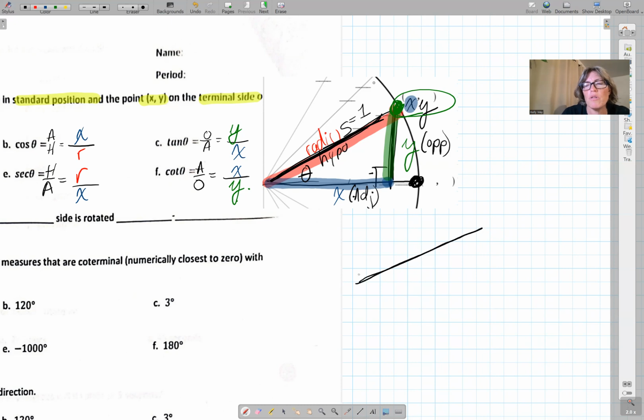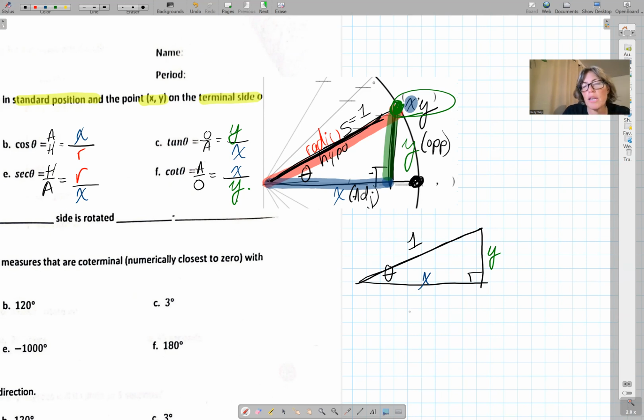So if I have a unit circle with a radius of 1, here's theta, here would be 1, and here is the y coordinate and the x coordinate.